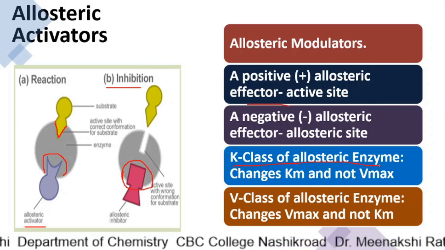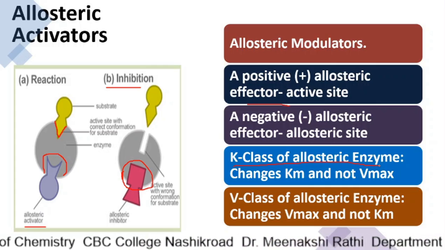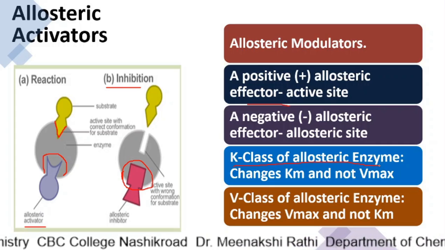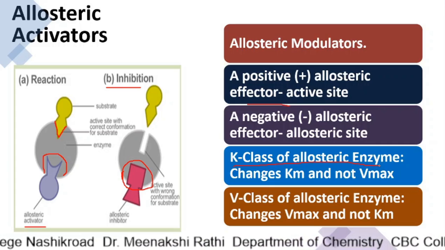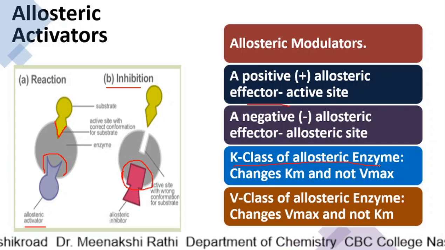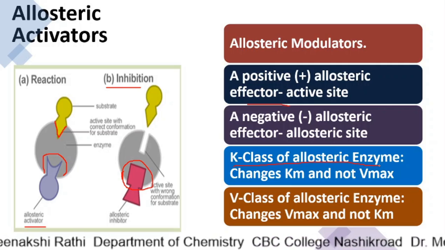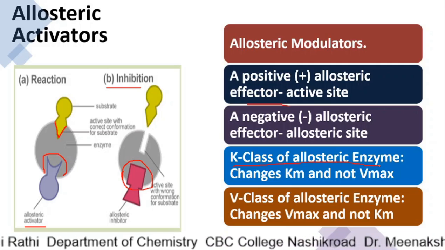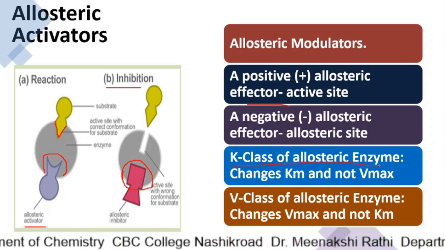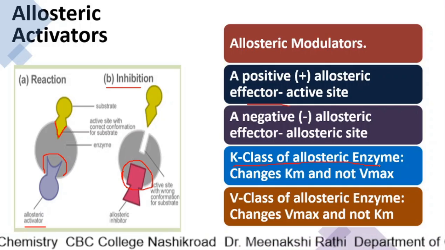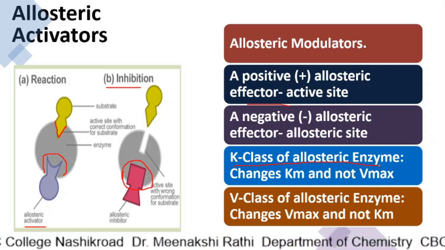Their double reciprocal plots are similar to competitive inhibition, if you remember, because K class allosteric enzymes change the Km but Vmax remains constant, while V class allosteric enzymes change the Vmax but Km remains constant. That means their double reciprocal plots resemble those of non-competitive inhibitors.